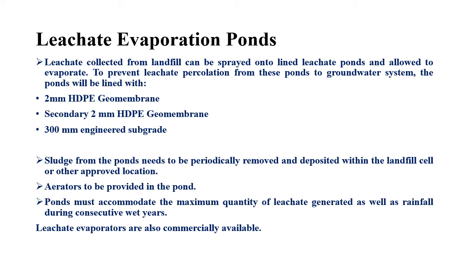So instead of that, what we can do is the crest of the pond can be taken higher than the natural ground level, so that no runoff or no other surface water will fall into your evaporation ponds.